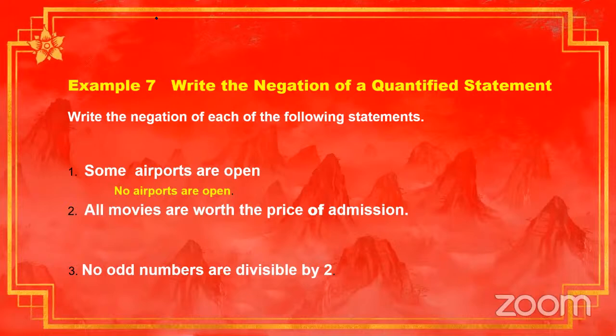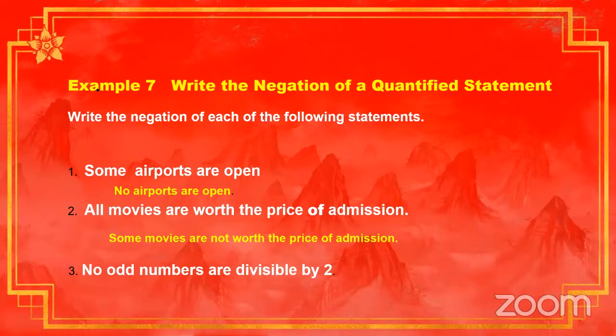Our example number two is all movies are worth the price of admission. So the negation is some movies are not worth the price of admission. That's correct. Very good.